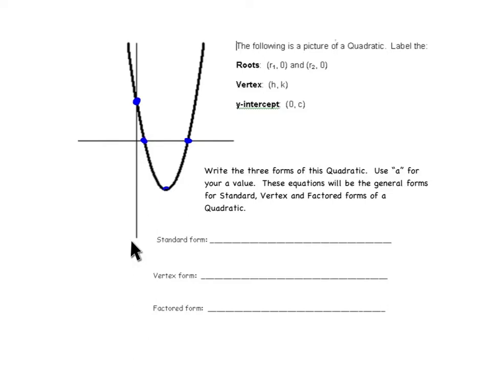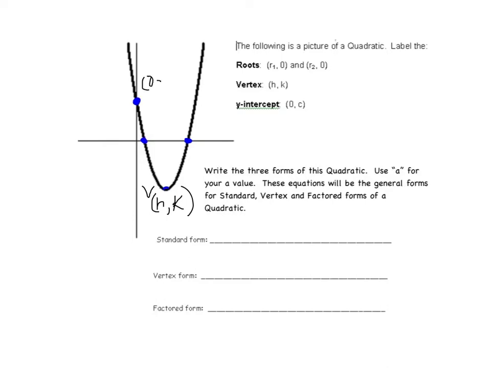You'll notice you have a parabola not centered at 0, 0. This is a minimum point. This is the vertex of the parabola, and if you look up here at the top, the vertex is the letters H and K, HK, like alphabetical X and Y. The y-intercept is here.